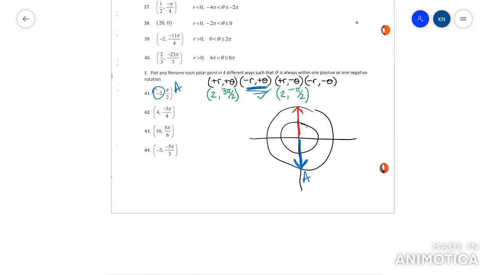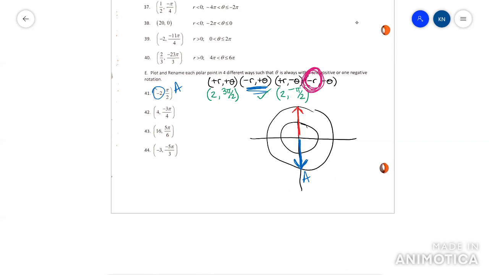All right, and then the last one's probably the hardest, the -r negative theta. So basically you have to imagine this. The -r is going to mean that you're going to want the opposite of your final actual location, because that -r is going to pivot you 180 degrees and make you be where you actually wanted to be.